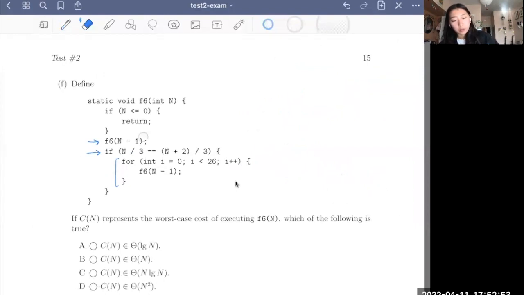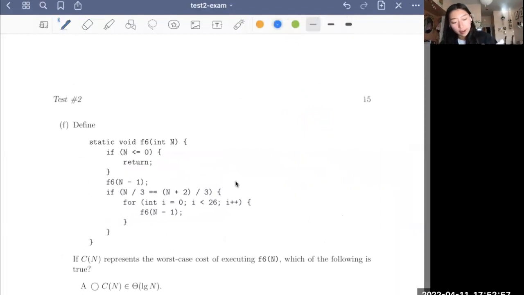Now knowing that, let's look at these recursive calls. We first start with n, then we do n minus 1, n minus 2, n minus 3. And at some point in here, n must be divisible by 3, because every 3 numbers we're divisible by 3, like 1, 2, 3, 4, 5, 6, 7, 8, 9.